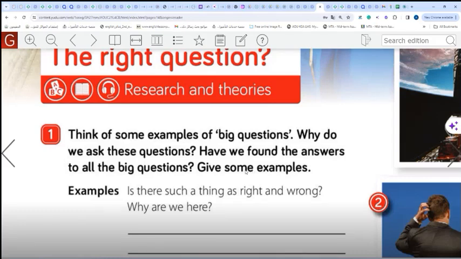So who created the universe? Allah the Almighty created the universe. Are we alone in this universe? No, we aren't.